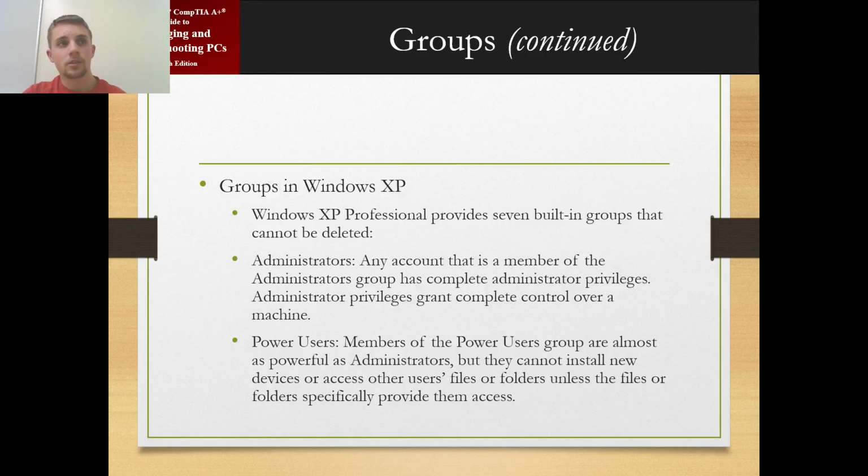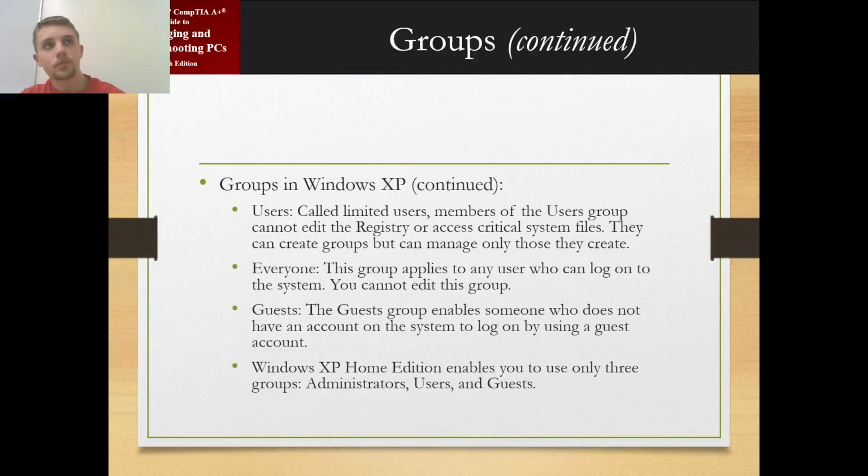Power users are a level below administrators, and they can do almost everything except install new devices and access other files unless they were given access to those. Users, called limited users, or also standard users, but in XP they're called limited.